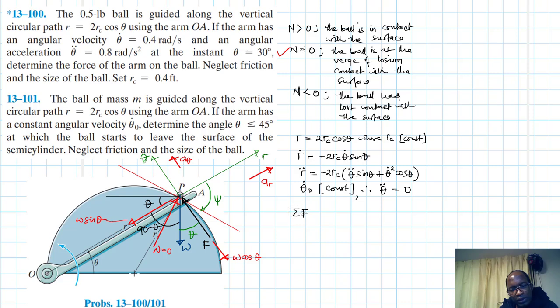So the summation of forces in the r direction is just equal to m a r. What do we have in that direction? We have a minus W sine theta, right? What else? And this is just going to be equal to m a r. Our a r is just equal to r double dot minus r theta dot squared, and this is equal to minus 2 rc theta dot squared cos theta minus r theta dot squared.